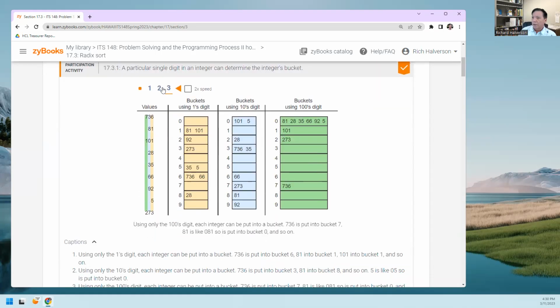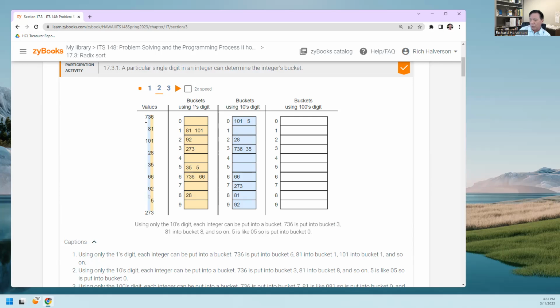This particular animation here just reinforces the concept of buckets. If you run through this real quick, you see for the first one, the buckets are the lowest order digit, and this is how the numbers are put into their buckets. If we look at the tens digits, this is how the buckets are filled.